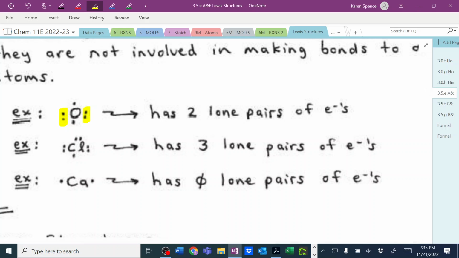Or are they already paired? They're already paired, so we have 2 lone pairs on the oxygen, and we have 2 little spaces, essentially, where we could put electrons. So normally, oxygen will form how many bonds? Oxygen normally forms 2 bonds.